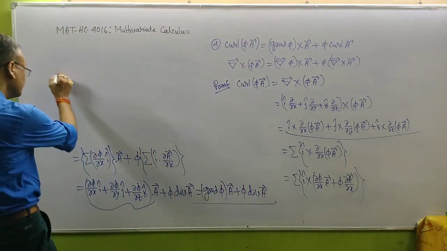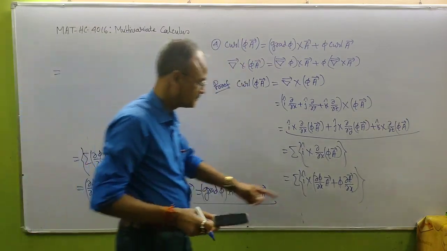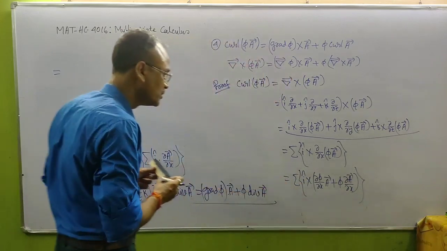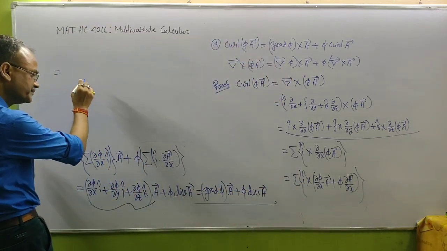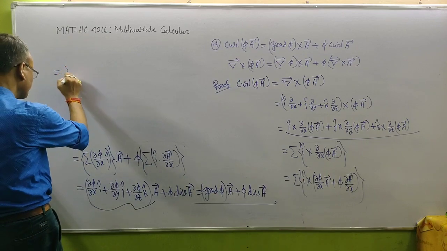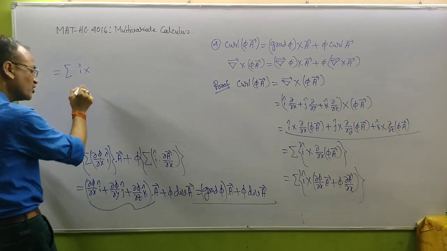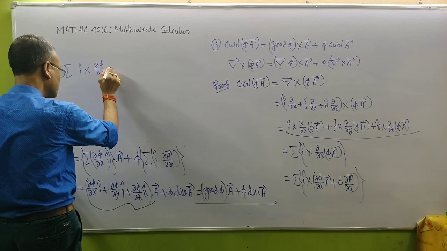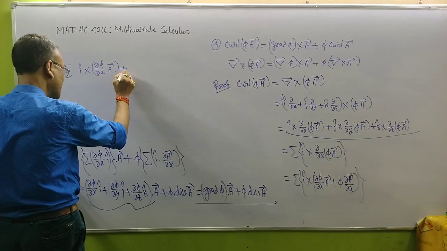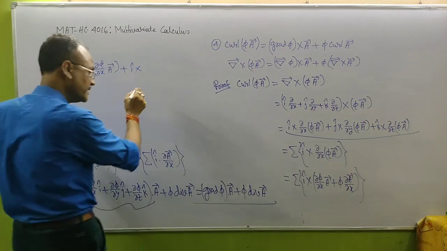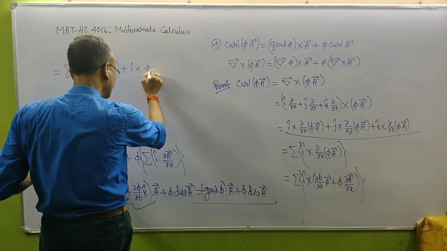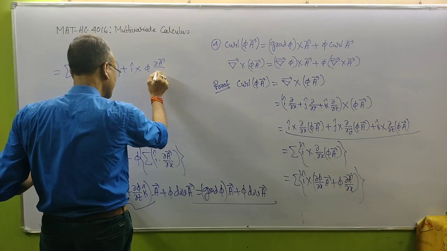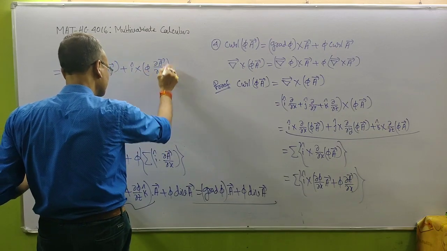This is equal to i cap cross del phi by del x A vector, plus i cap cross phi del A vector by del x.